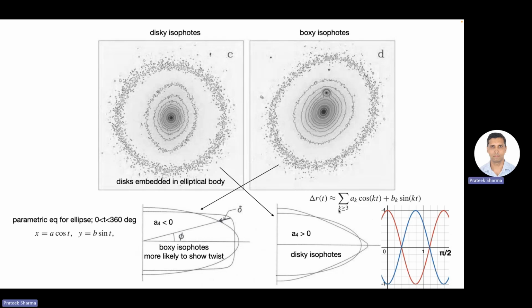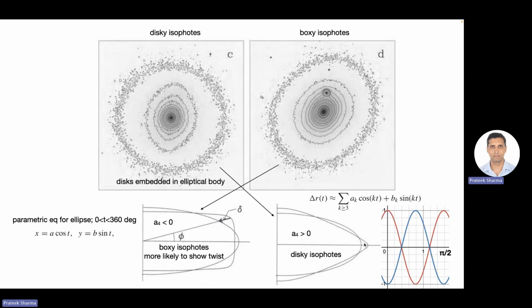This sort of variation is like an m equal to 4 mode. You can see this is a cosine function, like cos 4x, with the whole cycle done in pi by 2. This is cos 4x, and it has a delta value which is positive at 0.